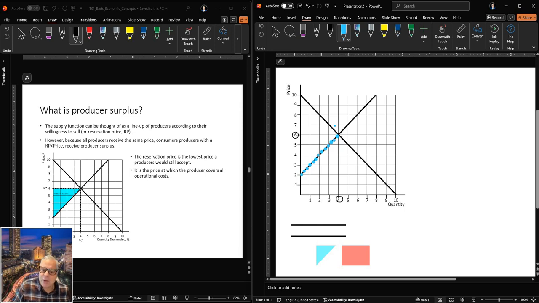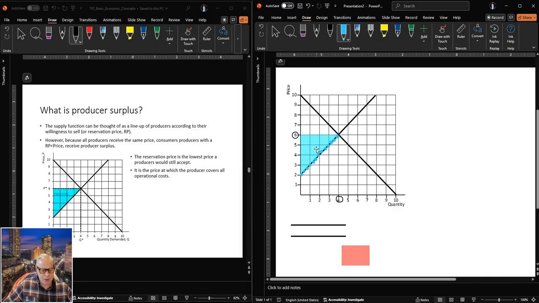That's why we can think of each point on the supply function as one producer. So there are producers that produce a small amount at a price of 7, but they could get 6. So they get producer surplus. And the producer surplus, of course, decreases the more is being demanded and produced. So the total area of the producer surplus is now this blue area, or this one.